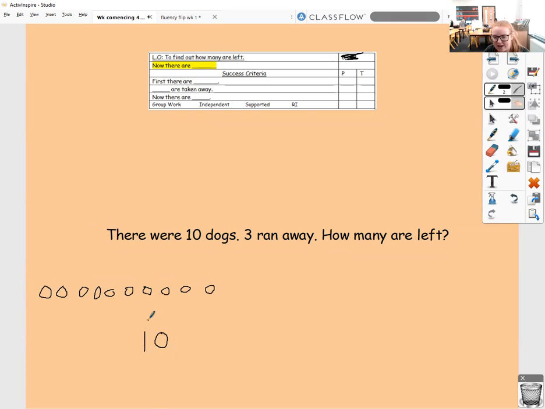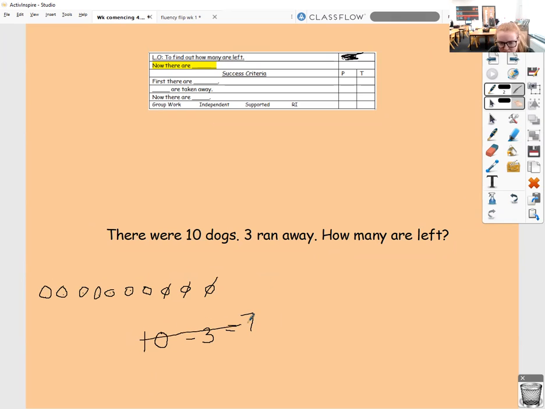So 10 take away. How many dogs ran away? 3 dogs ran away. So 10 take away 3 equals how many dogs were left? Let's count them. 1, 2, 3, 4, 5, 6, 7.